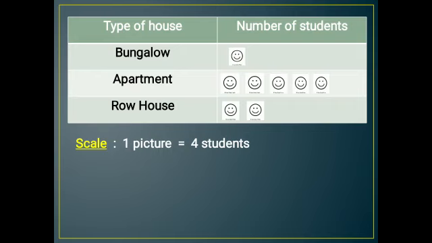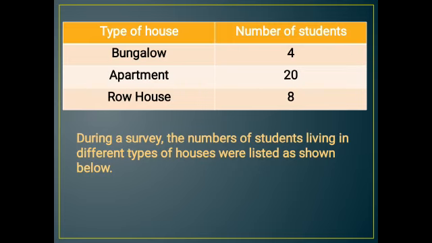So here we know that bungalow has 4 students, apartment 20, and row house 8. Now we cannot take one smiley as one student, because we cannot draw 20 smileys in that table. So what we can do, we can see in which table all the numbers go. So 2's table it can go, yes or no?